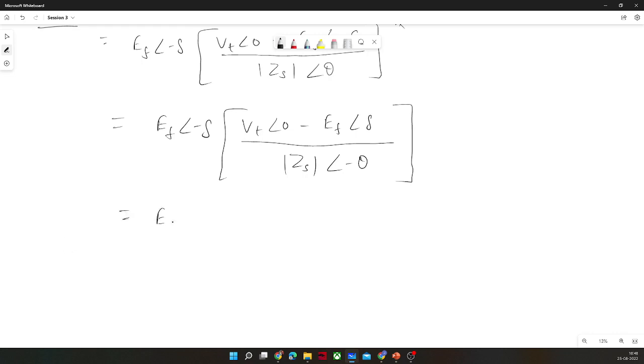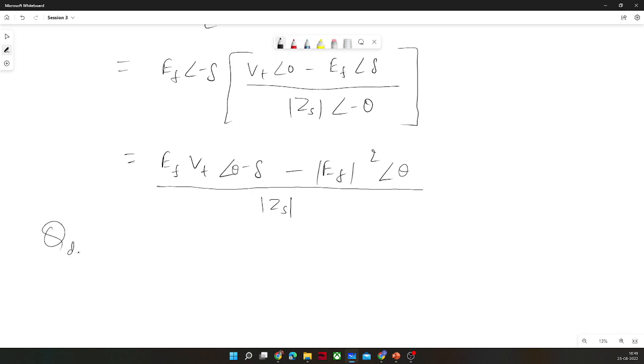I will multiply it here: EF VT angle minus delta, minus EF square, and delta plus theta. This plus and minus delta would be cancelled, so theta would be there.